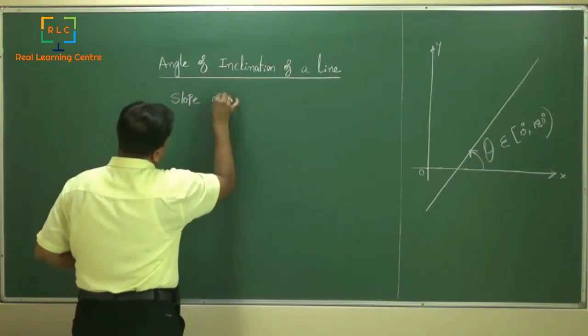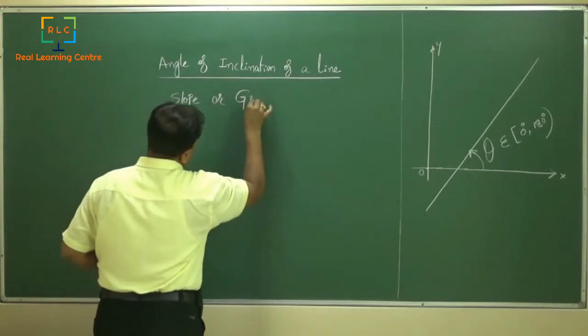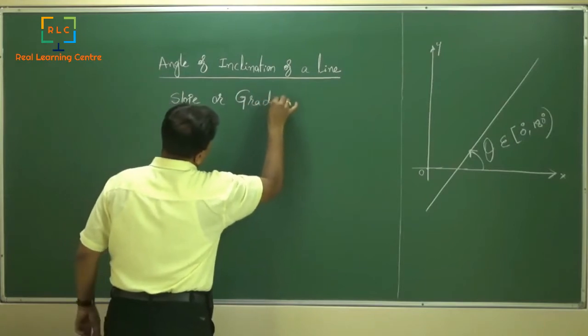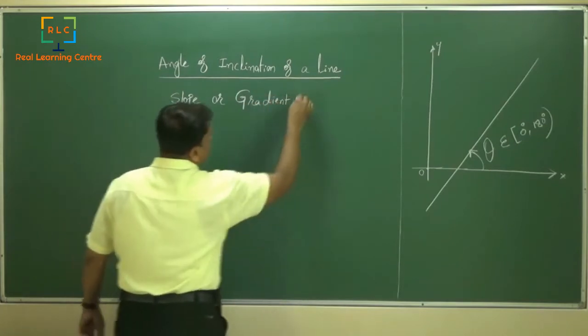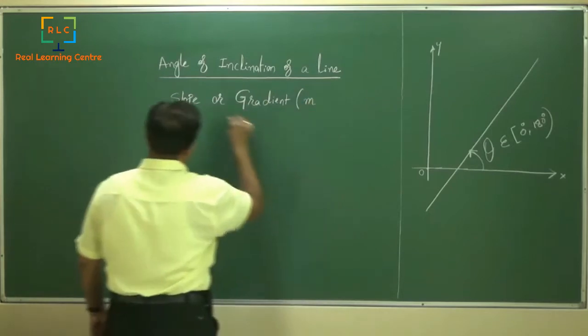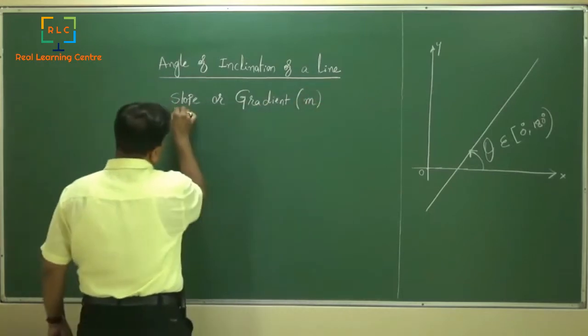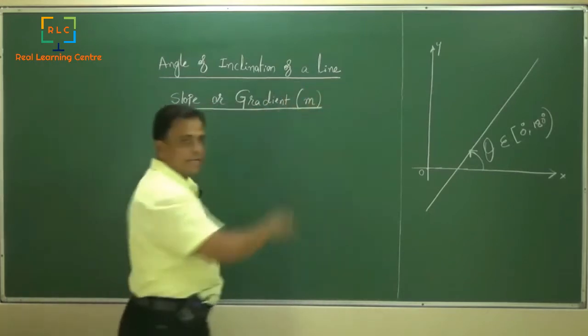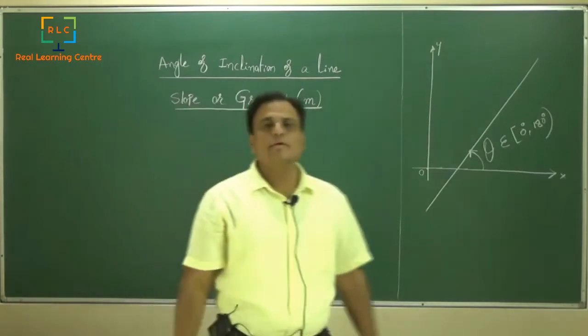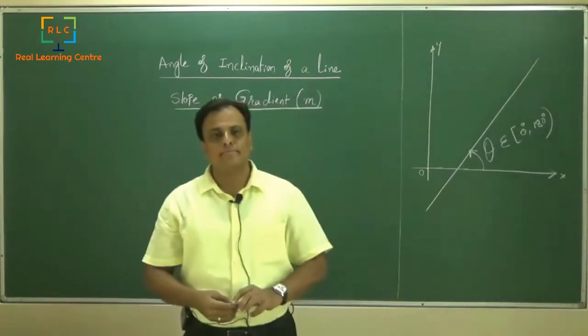or gradient. Slope or gradient, usually denoted by m, of a straight line.